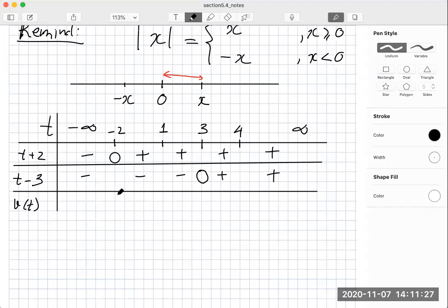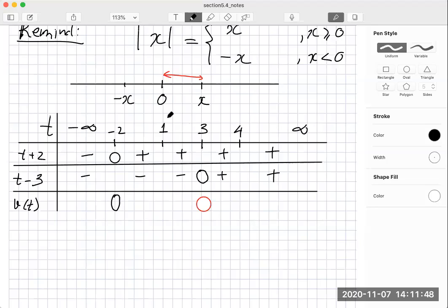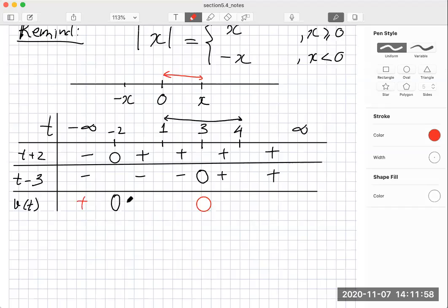Therefore, it would be 0 at 0 here. But in fact, we care about this part only, from 1 to 4. But anyway, we do it in the general case. It would be positive, product of negative times negative, it would be positive, and this one would be negative.